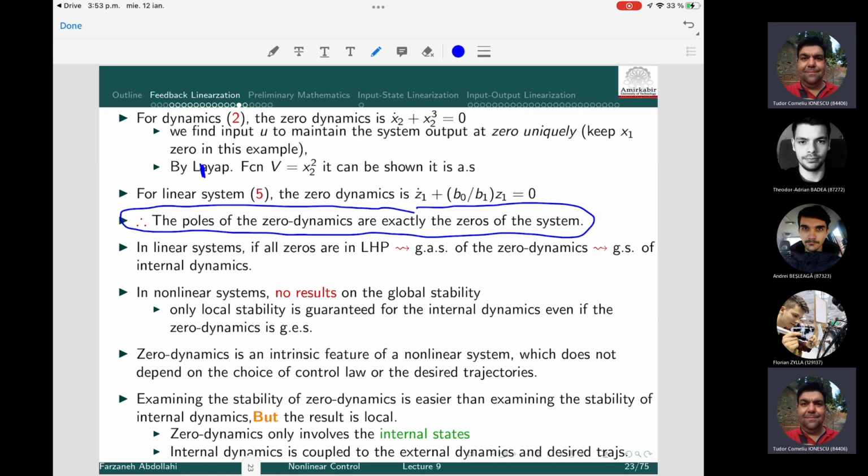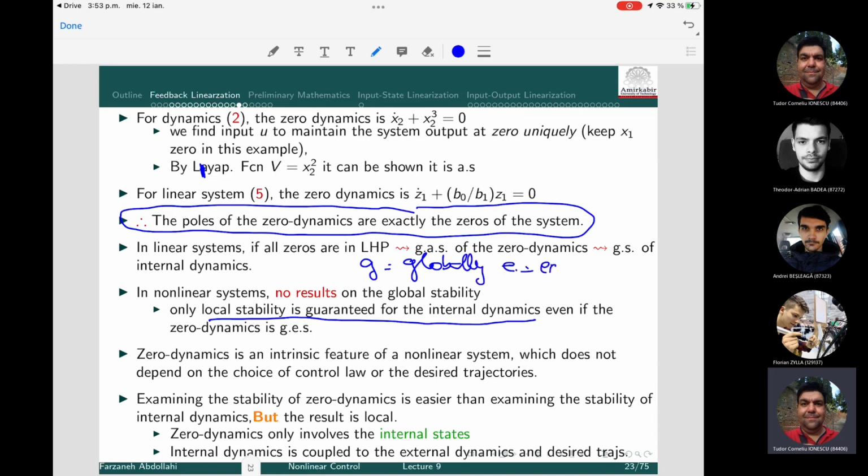Only local stability is guaranteed for the internal dynamics, even if the zero dynamics is globally exponentially stable. GES: G is globally, E is exponentially, S is stable.